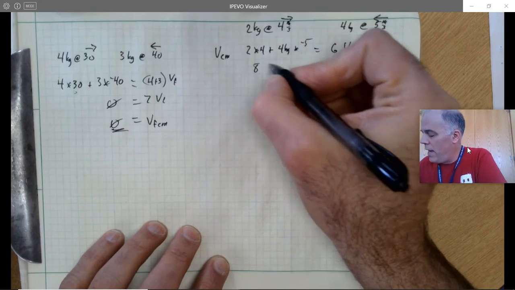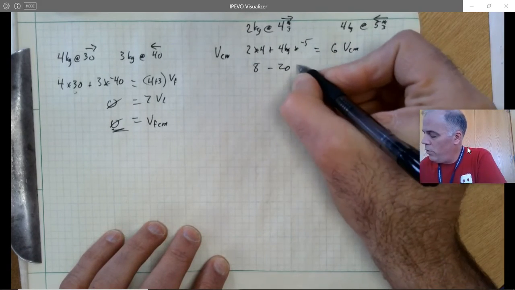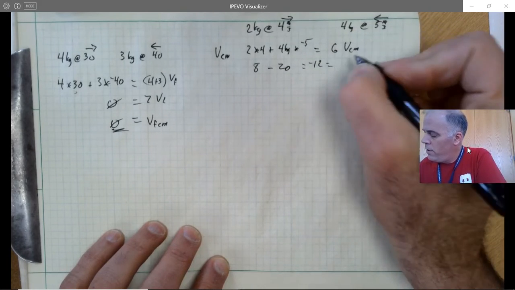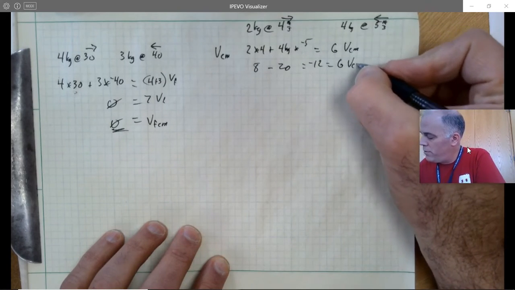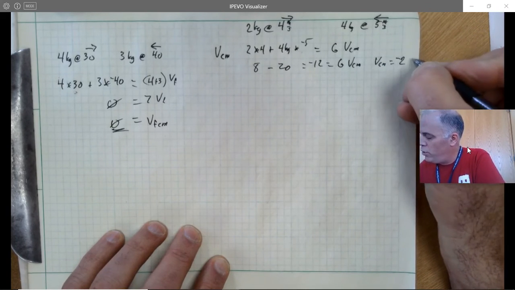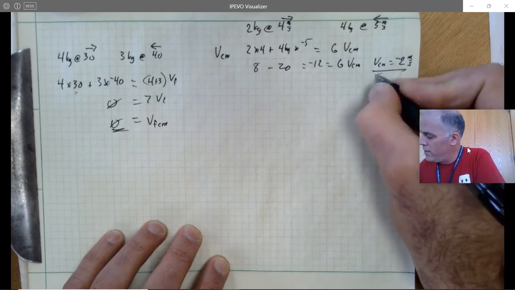This comes out to be 8 minus 20, which is minus 12, which equals 6 times the speed of the center of mass. So the speed of the center of mass equals negative 2 meters per second.